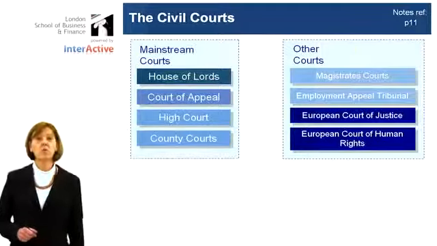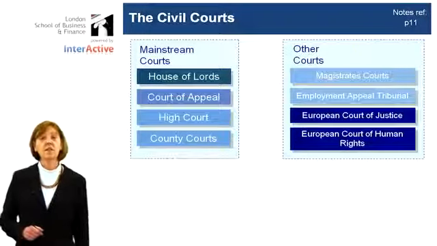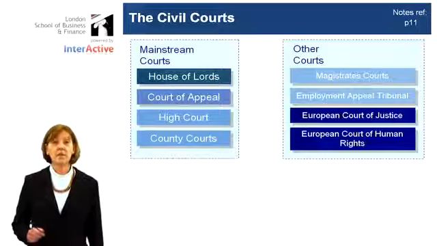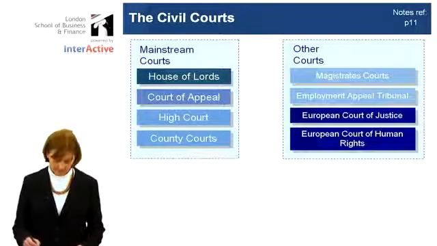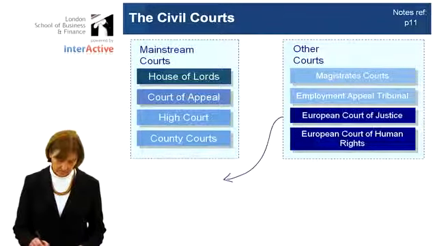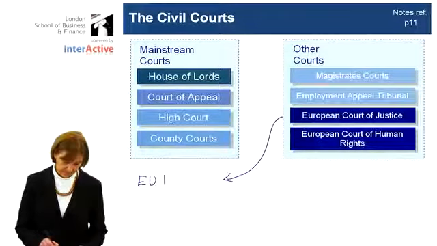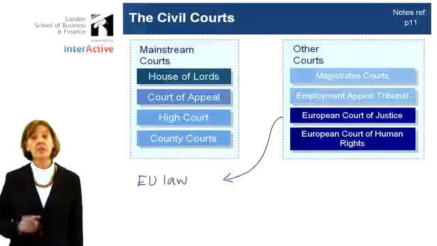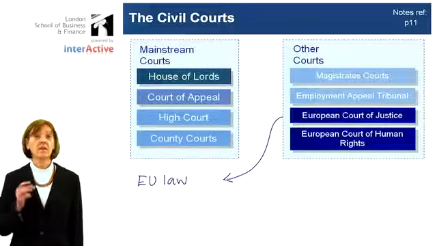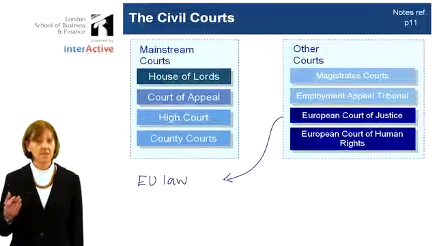The European Court of Justice, this is the court of the European Union, so it deals with EU law. Now, as it happens, European Union law is not within your syllabus. So we don't consider the ECJ, the European Court of Justice, any further. You need to know it exists, and you need to know it is to do with the European Union.